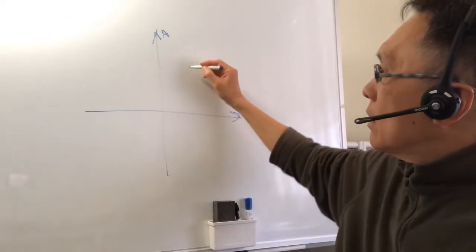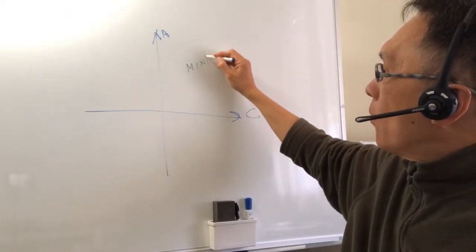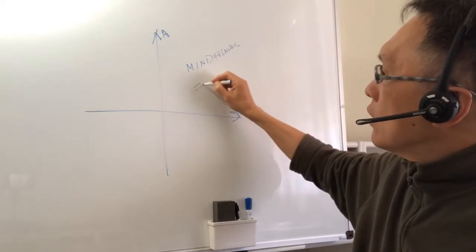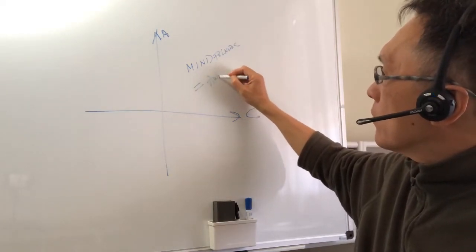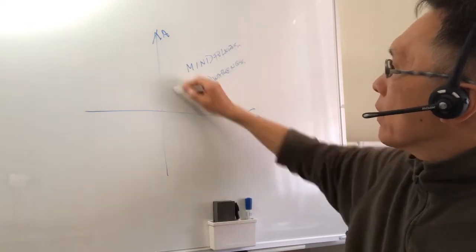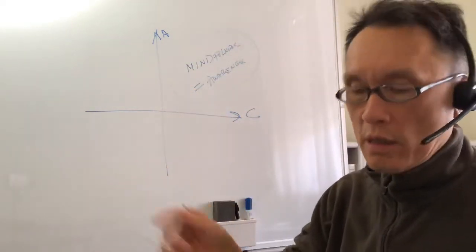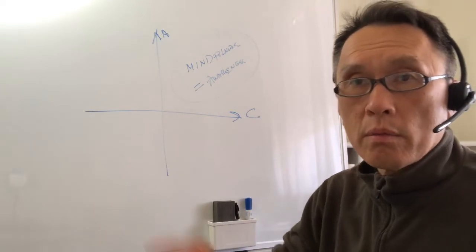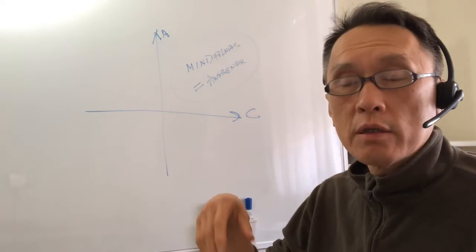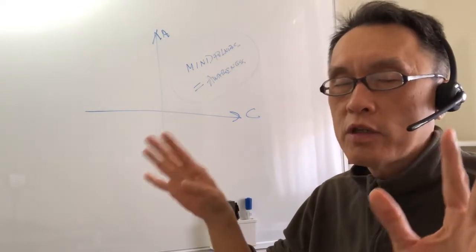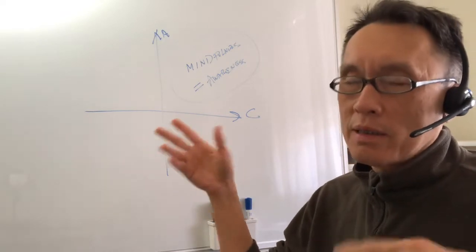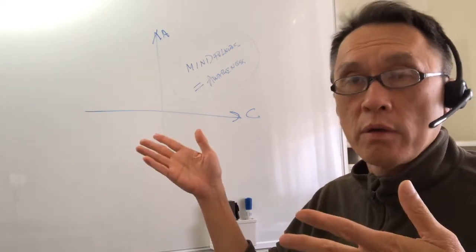We know that mindfulness is equal to awareness. Mindfulness means that one is able to be aware of a certain thing. If you look at all the definitions of mindfulness today, it is a synonym of awareness.